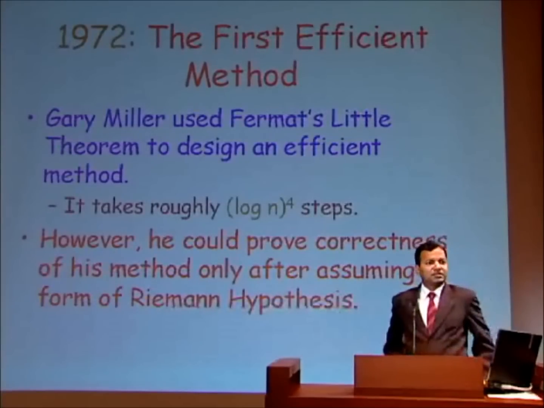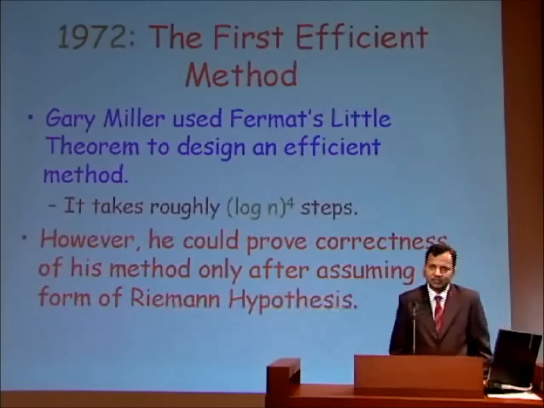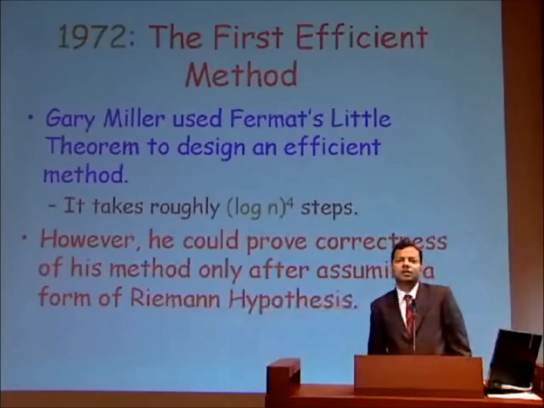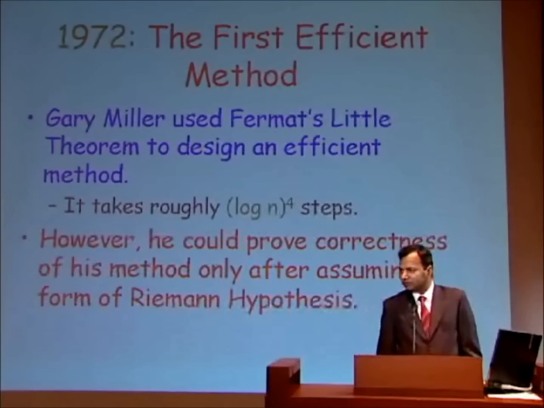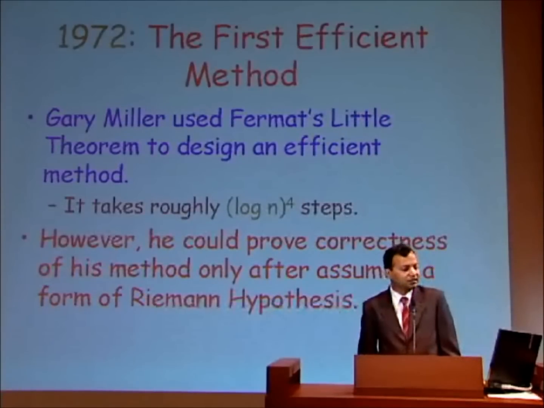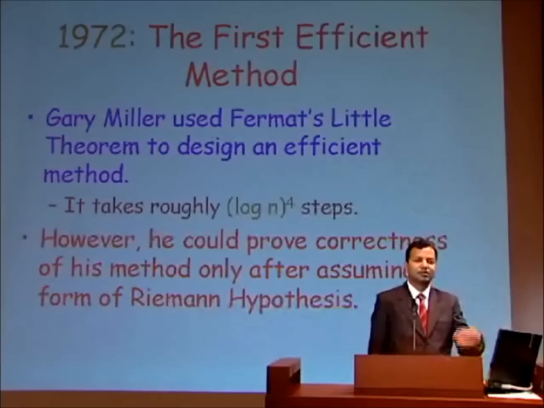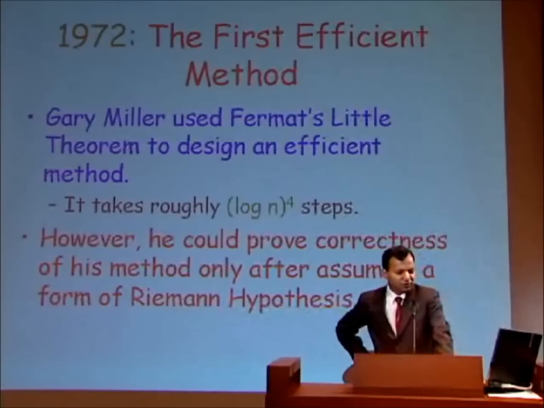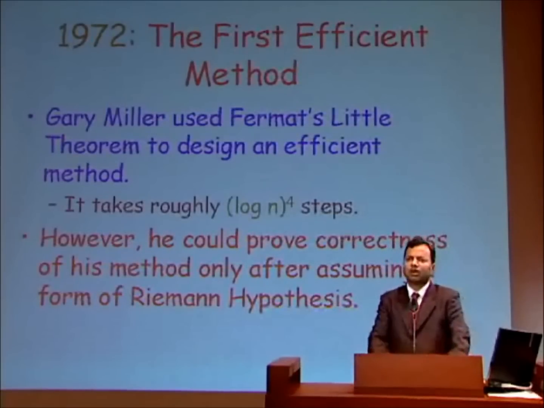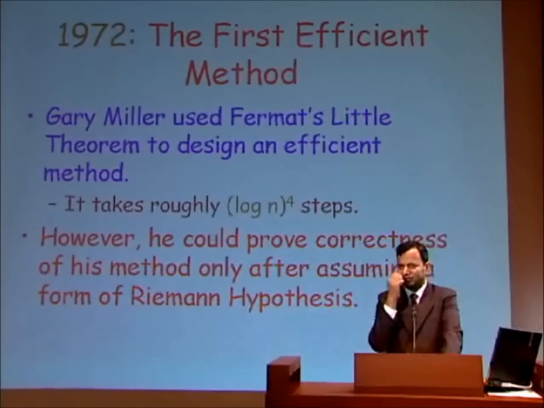The slight problem is that to prove the correctness of his method, Miller required assuming a form of the Riemann hypothesis. And even though we believe the Riemann hypothesis to be true, we still do not know if it is true. And perhaps proving the Riemann hypothesis is much harder than proving that Miller's method is correct. So it is somewhat unsatisfactory, although since we all believe the Riemann hypothesis to be true, his method is essentially solving question 3.